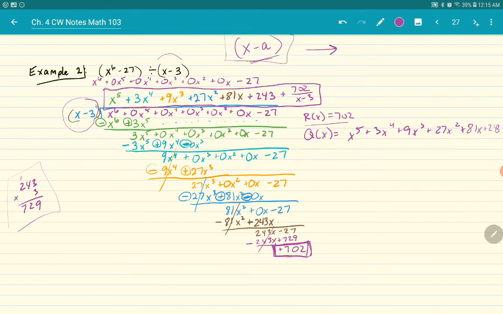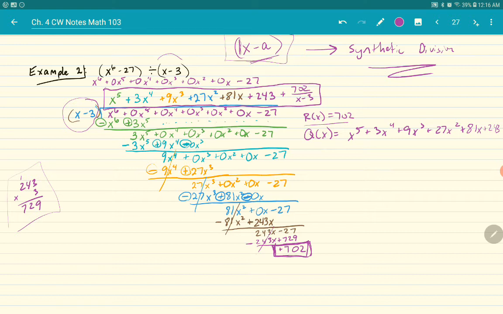It's a linear factor where I have the form x minus a. This has to be a 1, it has to be linear, so I have x minus a, then I can use synthetic division, which uses multiplication and addition, and also you just write the coefficients.